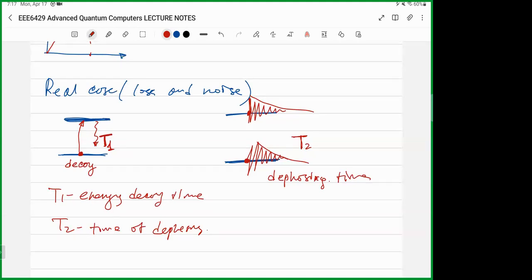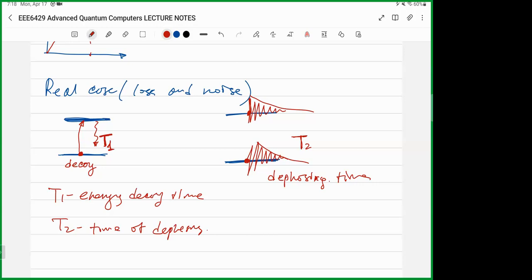of course, can do transitions between different quantum states, but on top of that, and this is more important, is this decoherence time.